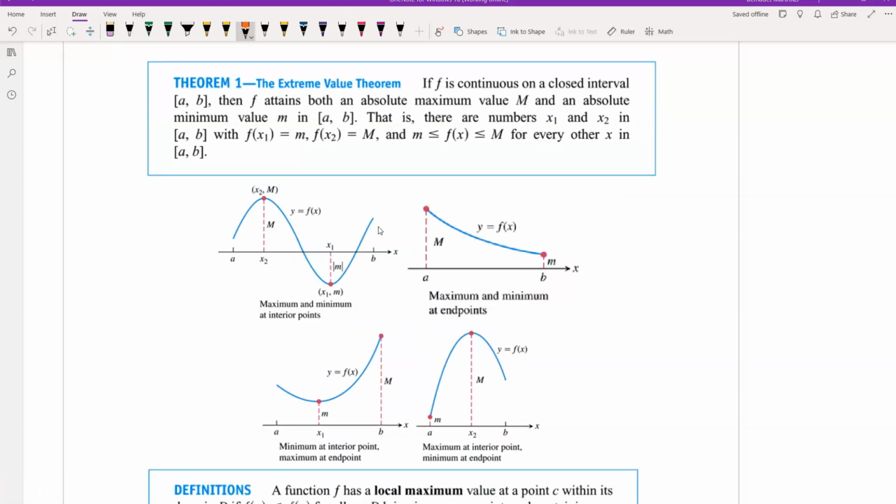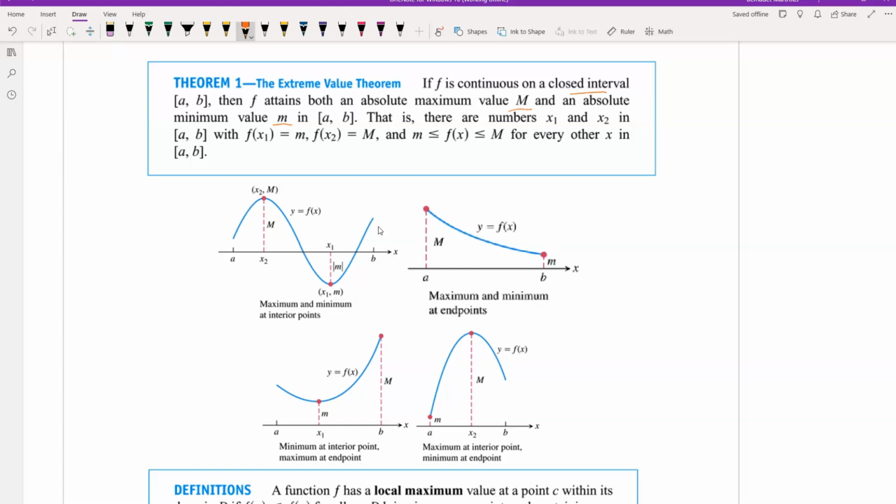Theorem 1, the extreme value theorem. If f is continuous on a closed interval [a, b], then f attains both an absolute maximum value uppercase M and an absolute minimum value lowercase m in this closed interval [a, b].